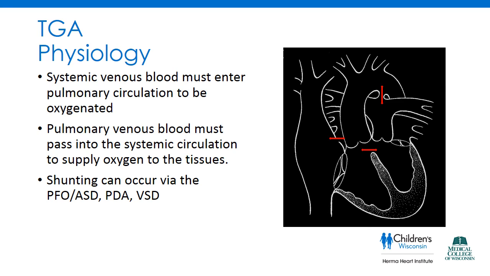So you have to have these levels of mixing. Again, the pulmonary venous blood must pass into the systemic circulation to supply the oxygen to the tissues. And so this shunting must occur. There's 3 levels that it can occur at: the atrial septal defect here, the ventricular septal defect, or again at the PDA.